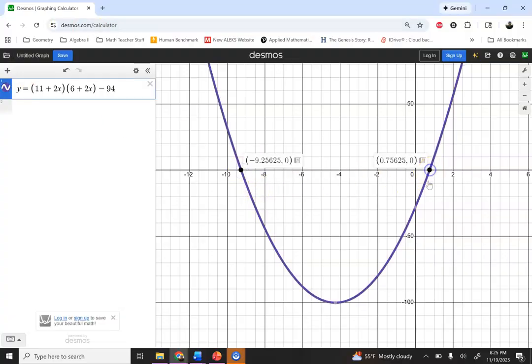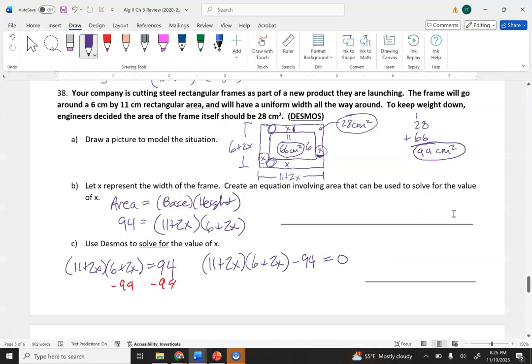And since this is a physical, real-world problem, this solution over here that's negative isn't going to have any real-world significance. You can't make the width of the frame -9 anything, really. So really, the positive side is the one we want. So x in this case would equal 0.76.